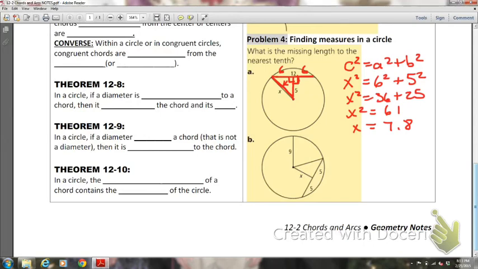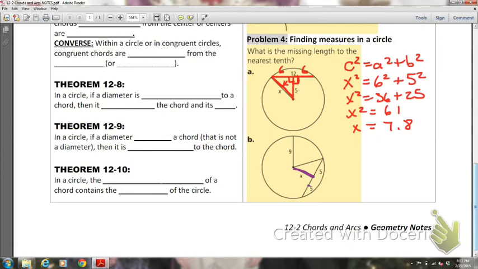In the problem below, the B part, you have a radius of the circle. You have a piece of a diameter again that you're looking for. This segment is a part of a diameter because it goes through the center of the circle.